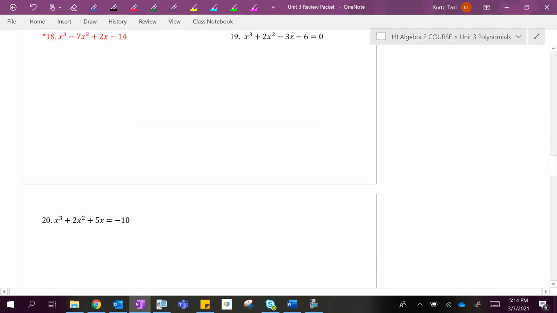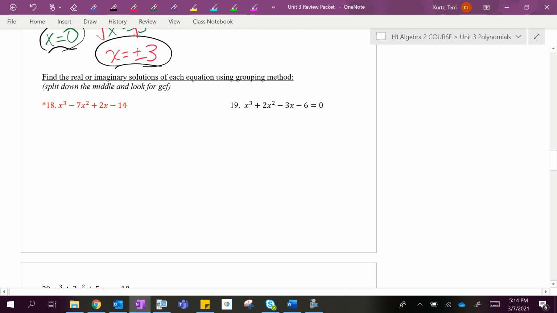Now we're just getting into some of the newer methods we learned. So for instance, we learned the grouping method, which is used when you have four terms. Again, similar to an AC method factoring, we begin by splitting it down the middle, right after the second term. Take out a GCF over on the left, and I can take out x squared, and I'm left with x minus 7.